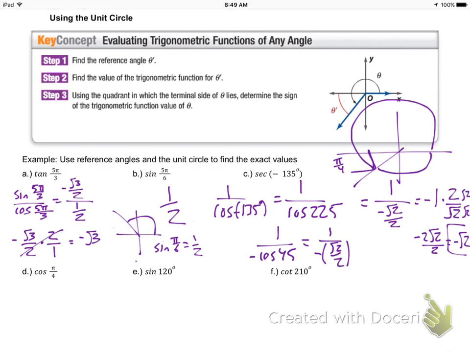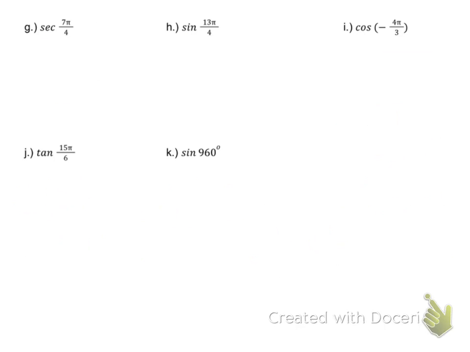Let's check the next page to see if there's anything a little bit different on here. Yes. Let's do H. H has got radians and the fact that 13 pi over 4 is bigger than 2 pi. So try H, and we're going to come back together on that one.